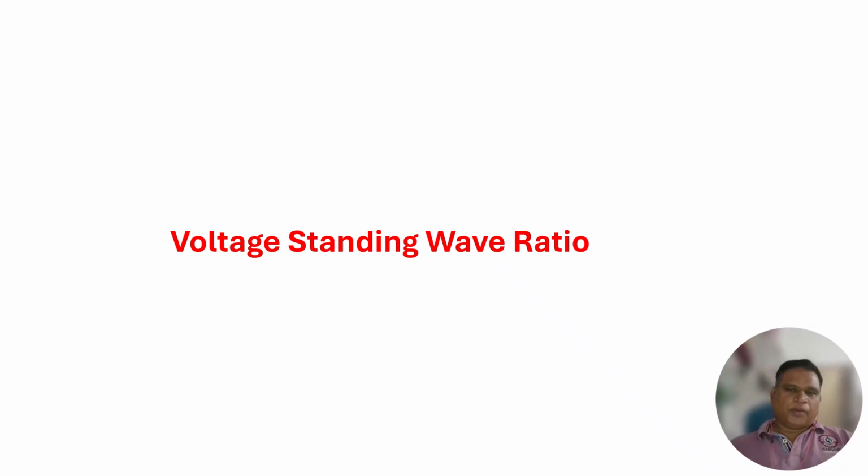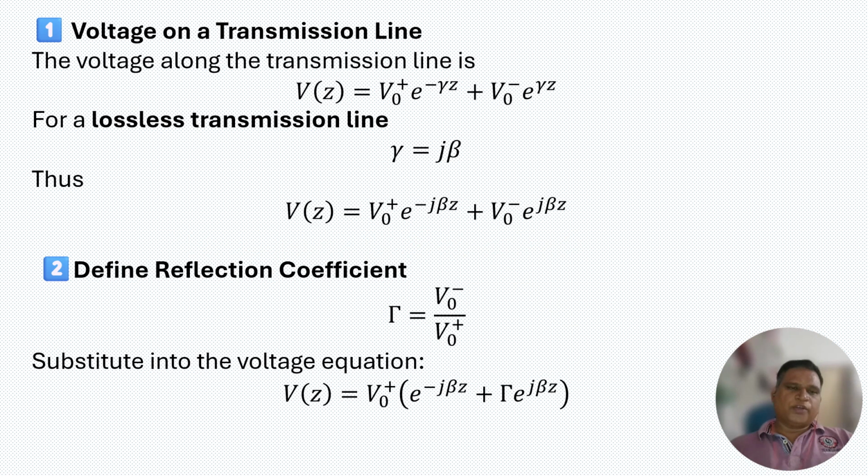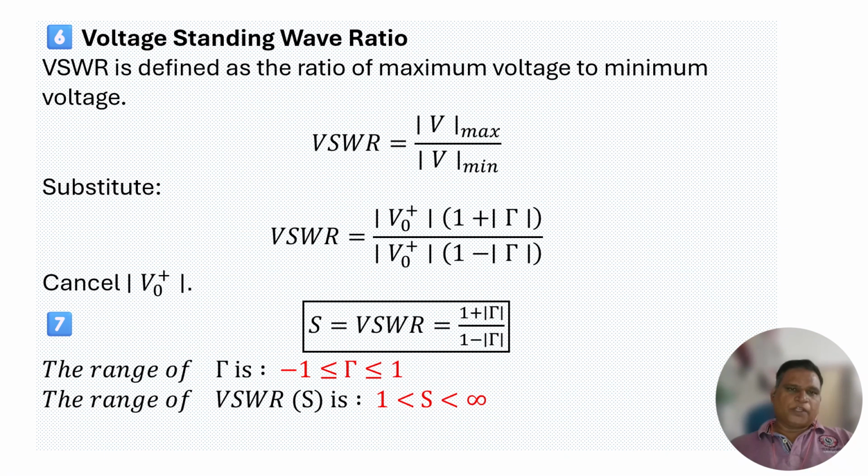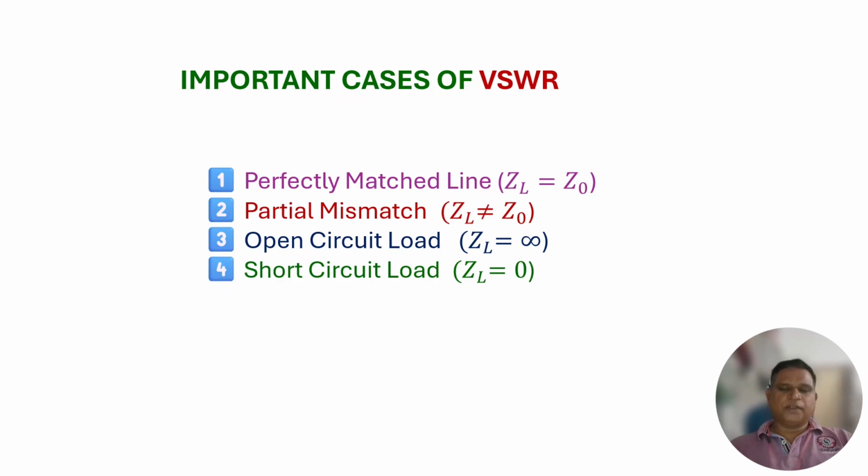Similarly, we can calculate the voltage standing wave ratio. The voltage standing wave ratio is defined as V maximum divided by V minimum. The ratio of maximum voltage to the minimum voltage is called the voltage standing wave ratio.